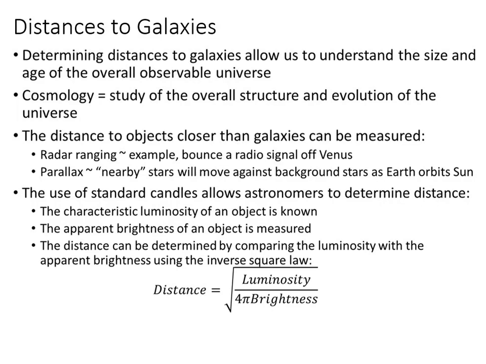We know their luminosity. So the farther away they get, we know they're going to get dimmer, and we can use this relationship to get to distance. Remember, luminosity is what it's really doing. Brightness is what it appears, apparent brightness. So basically, the dimmer it appears, the farther away it is.